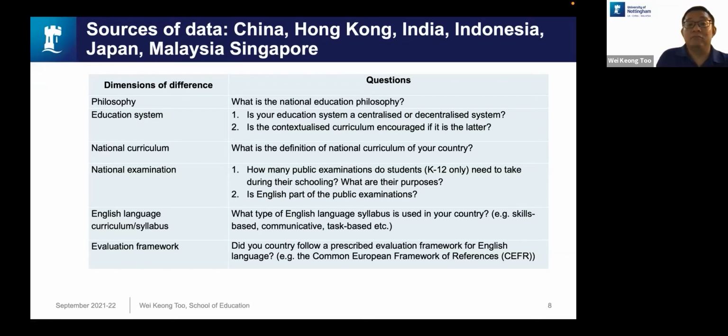Does the country prescribe an evaluative framework, and who designed it? Why is it important to know who designed it? Because from there we will know how they define what a proficient user of English looks like, and how that definition is presented in the classroom, as well as how it is translated into teaching practice.